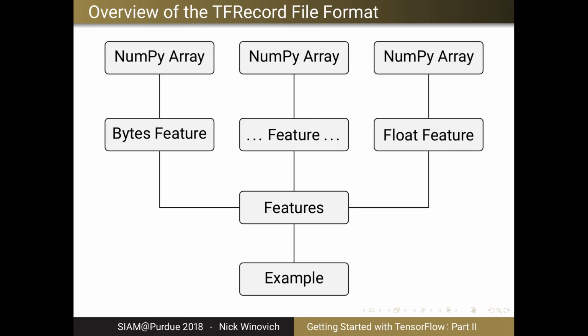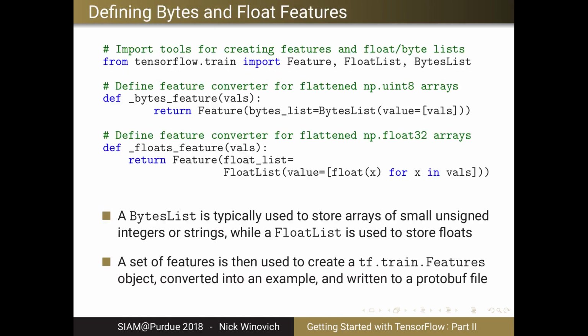So for instance, we may have a bytes feature for something like an unsigned integer or for image arrays, or we may have a float feature for something like a regression problem where we're trying to get a precise decimal point value. We combine all of these features into the aptly named features format and then pass the features into an example. Okay, so that's the workflow.